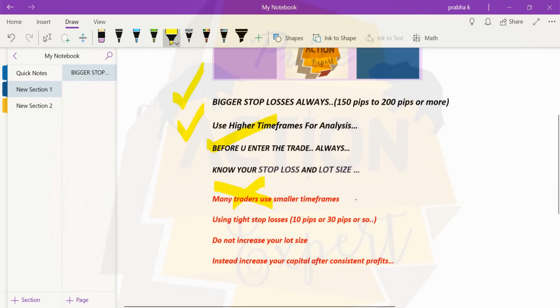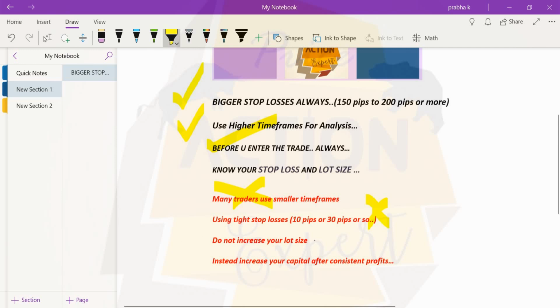For example, if the direction of the trend in a particular pair, like EUR/USD, is buy in daily and weekly, you can enter buy in smaller time frames. That's how it works actually. Most of the time, with 10 pips, 30 pips, you could get trapped very easily.